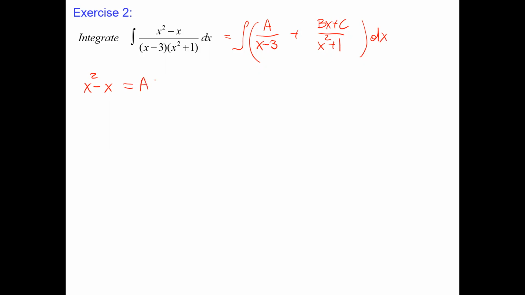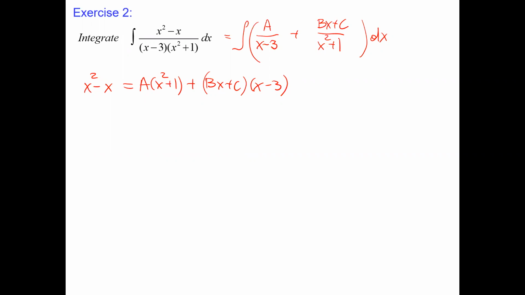A will be multiplied by x squared plus 1, and Bx plus C will be multiplied by x minus 3.